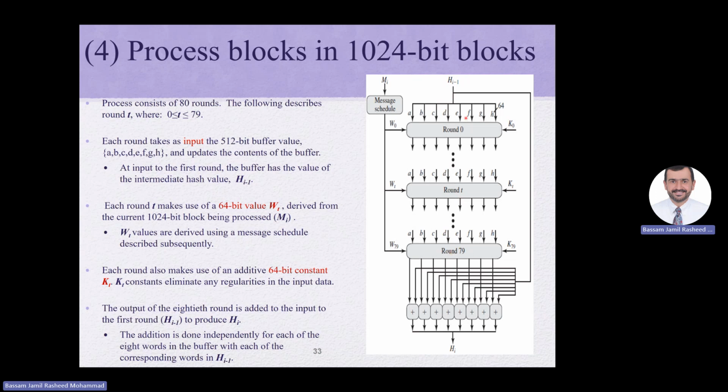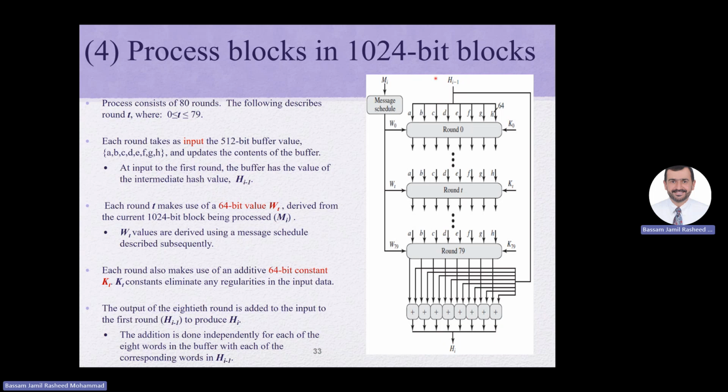And then we add these registers A, B, C, D with the earlier register values, addition. Every 64-bit word is added separately, and then we get the value of these 8 registers A, B, C, D, E, F, G, H. 8 times 64, that's 512. So Hi here is 512.